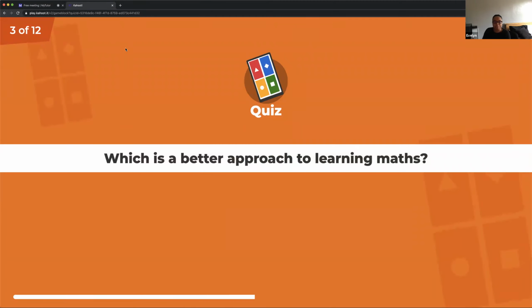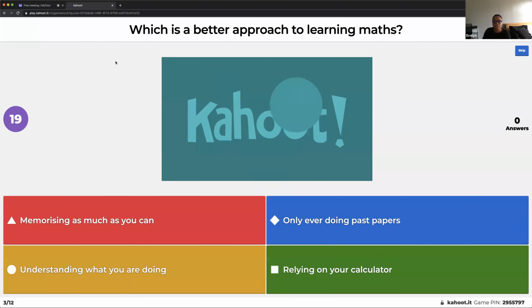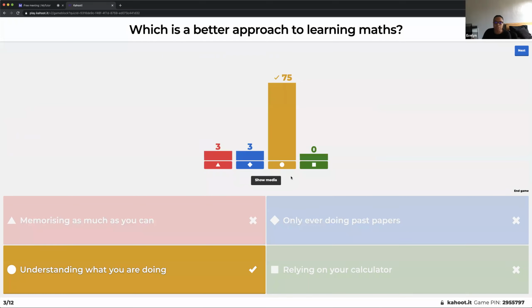Right, next one. Which is a better approach to learning maths? What I was saying before, Physics and Maths Tutor is good for science GCSE, because they have quite a few GCSE science questions on there. The only thing is Physics and Maths Tutor does not have maths GCSE, only maths A level. So for chemistry, physics and biology, use Physics and Maths Tutor. The answer is understanding what you're doing. If you memorize, you only know how to answer that particular question, or you only know that particular equation.